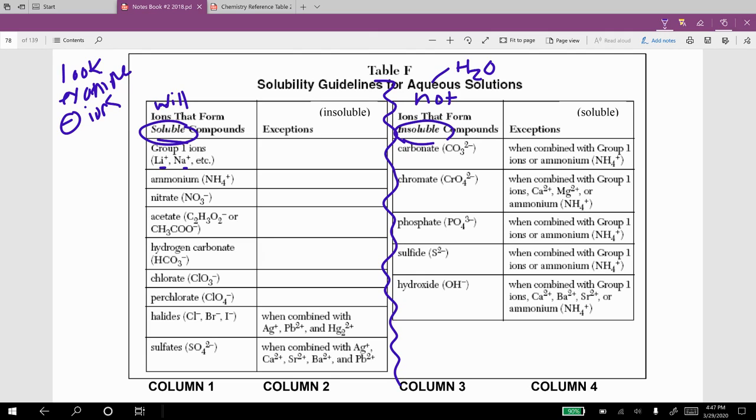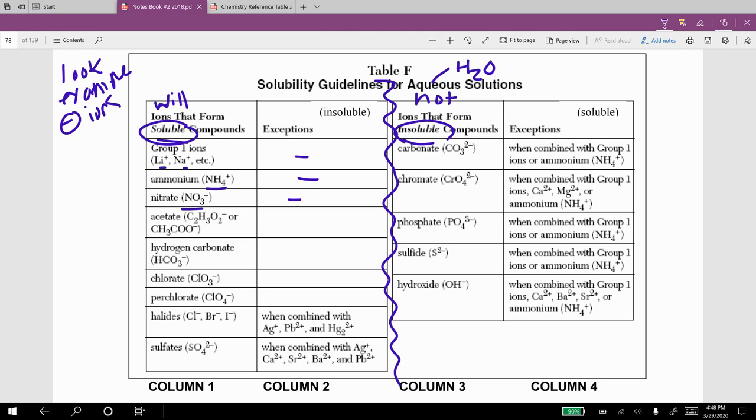All right, these will dissolve. Anything in group number 1 on the periodic table will dissolve. No exceptions. Everything in group 1, no matter what, dissolves. Anytime you see an NH4, it will dissolve, no exceptions. Anytime you see an NO3, so now we're looking at the negatives, this is going to be the second one in a formula because we always do positive first, negative second.